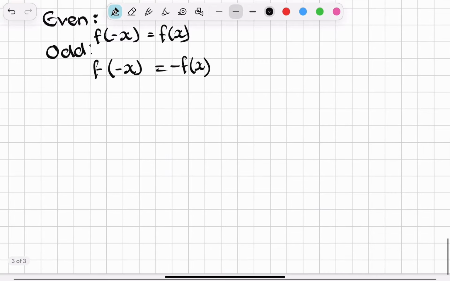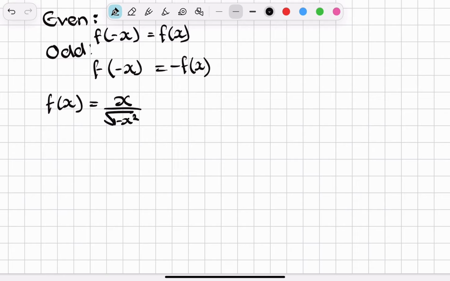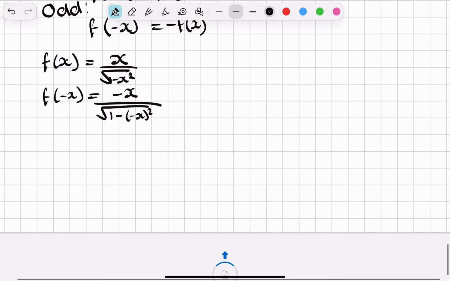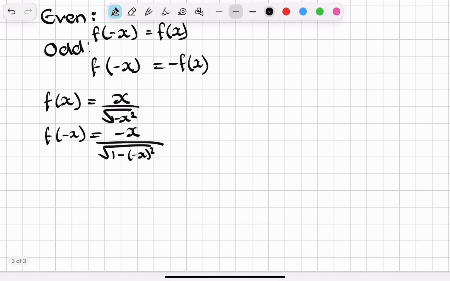So let's see. f of x equals x over root 1 minus x squared. f of minus x equals minus x all over root 1 minus x all squared, which simplifies to f of minus x equals minus x all over root 1 minus x squared.